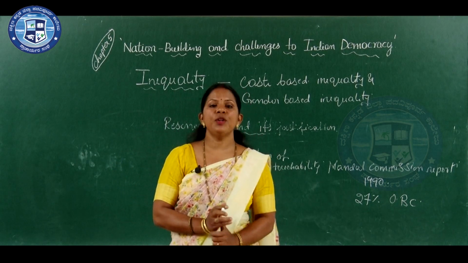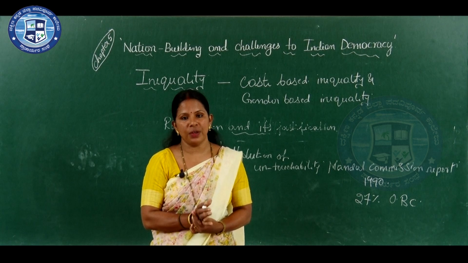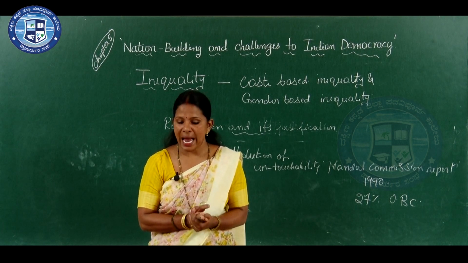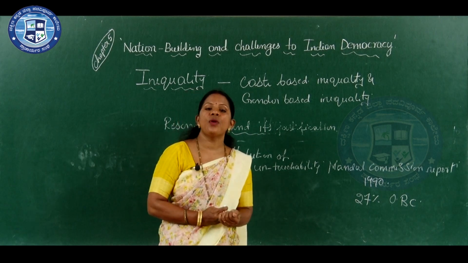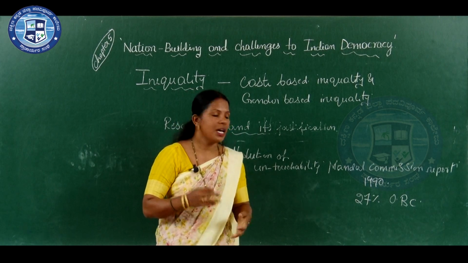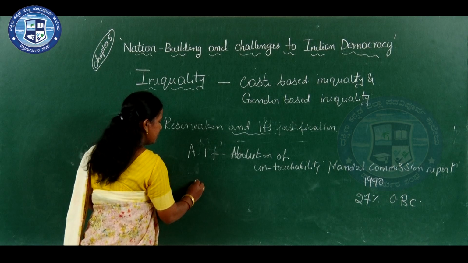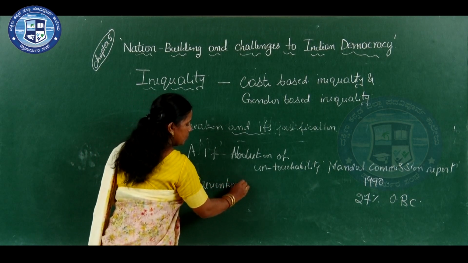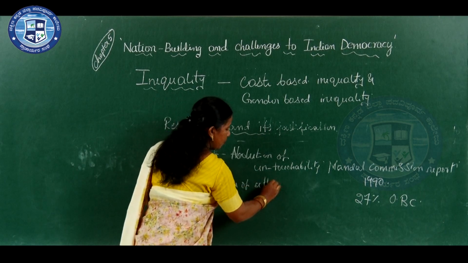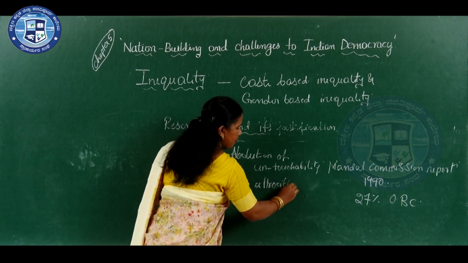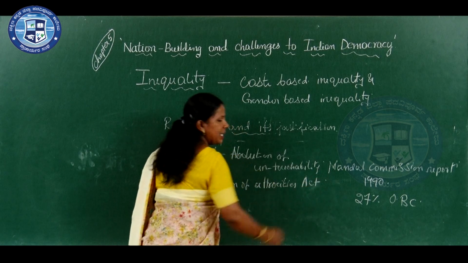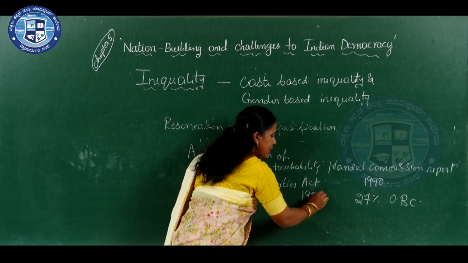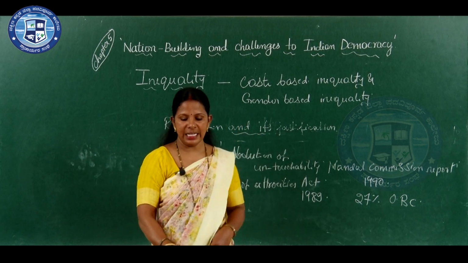And in order to protect the rights of the weaker sections, the Prevention of Atrocities Act was enacted by the Parliament in 1989.